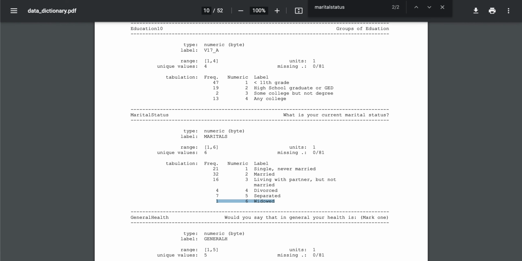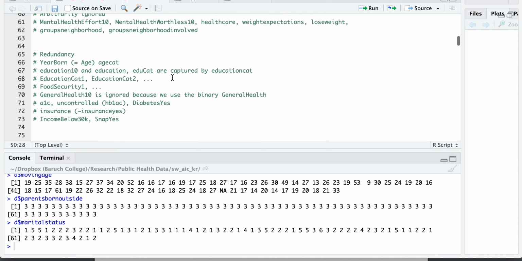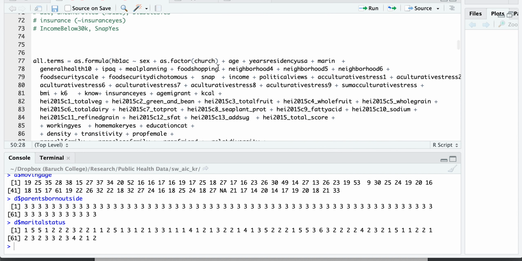One widowed, and I would write that. One widowed. So when I look at this, I see, okay, the problem is there's one category with widowed and there is only one observation. So maybe it's not a big deal, but at the moment I don't want to deal with it for my first round of analysis. So I ignore it here, and then we have general health.